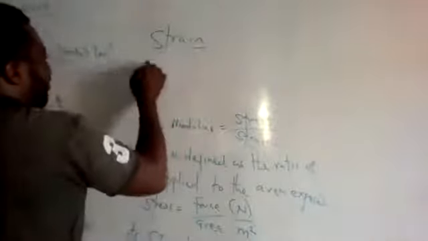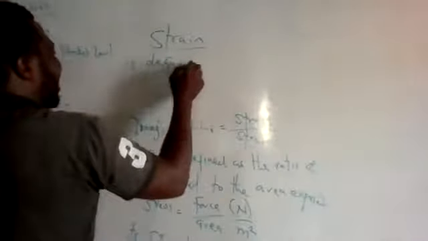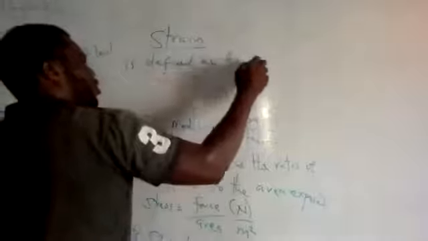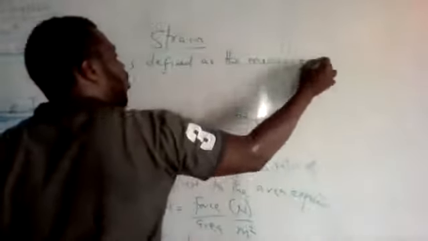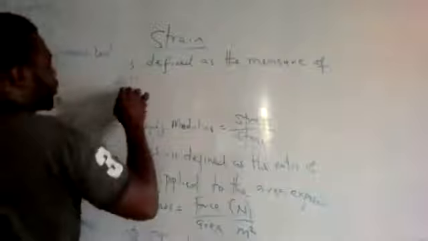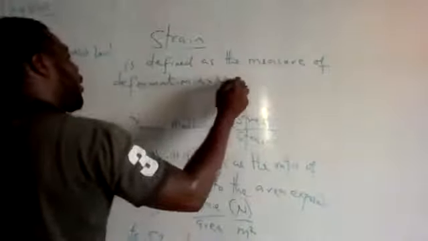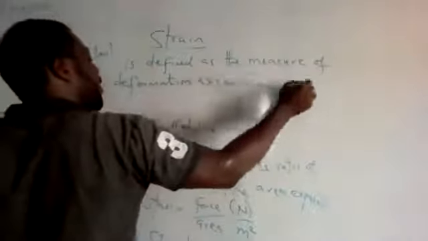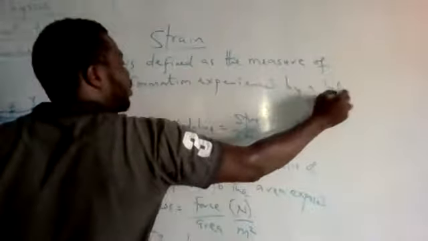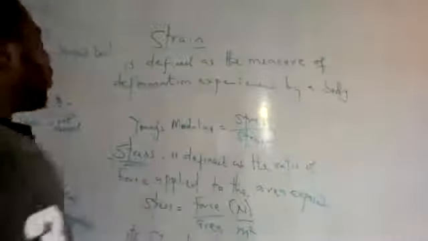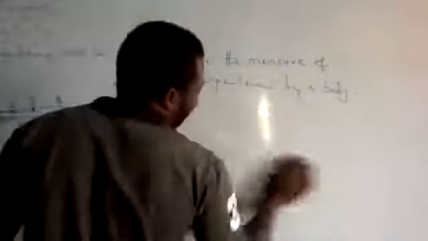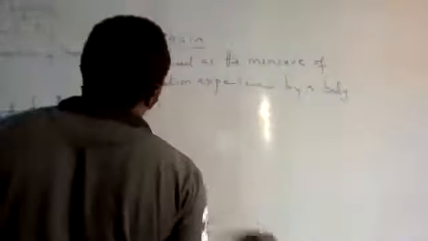So strain is defined as the measure of deformation experienced by a body. Because of that, it has no units, since the way a particular body handles strain is different from the way another body will handle strain.